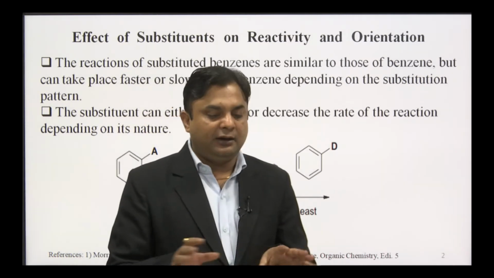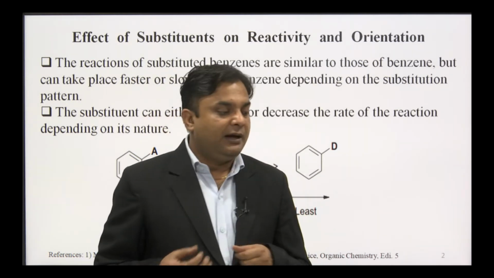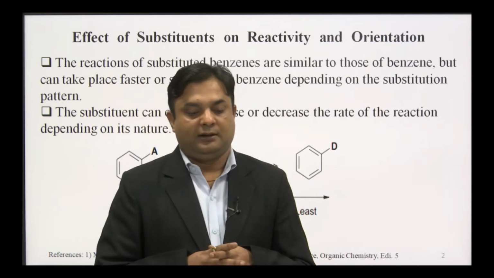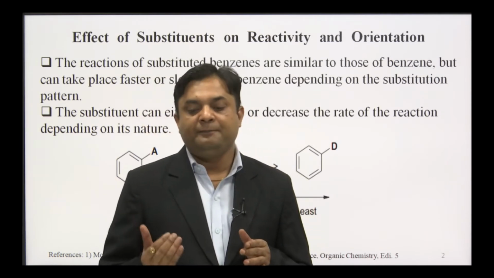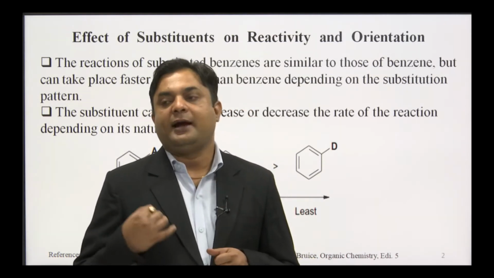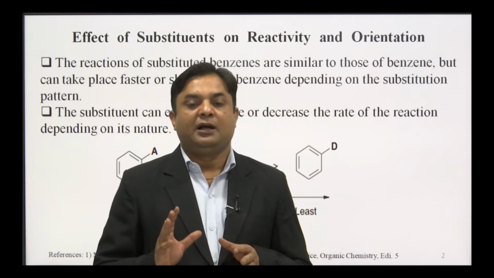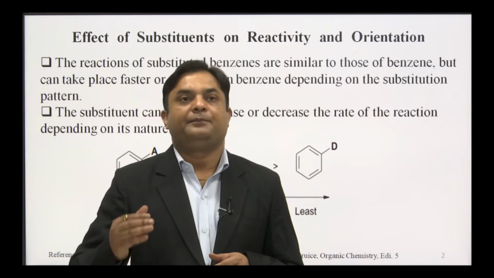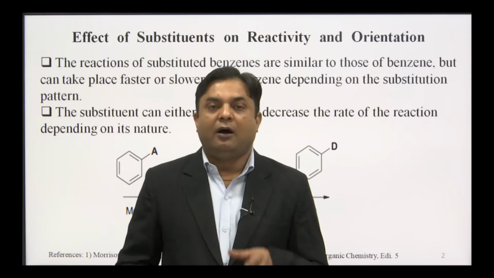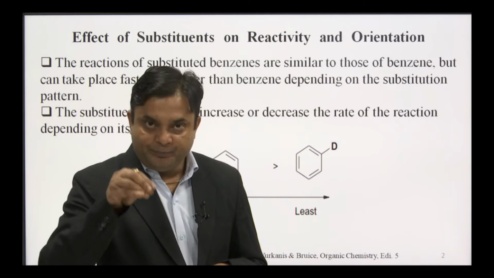But if a substituent is already present on the benzene ring, then the coming electrophile can go at the ortho, meta, or para position, with the same reaction rate, or the reaction rate may be increased or decreased. All these things depend on the substituent already present on the benzene ring.